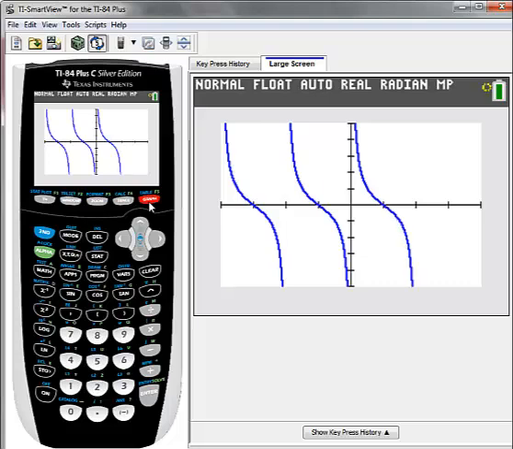My vertical asymptotes have shifted to where the zeros were in the tangent graph, and the zeros have shifted to where the asymptotes are. Here I see the vertical asymptotes at all of these integer multiples of pi. So this guy here is positive pi, this guy here is negative pi.